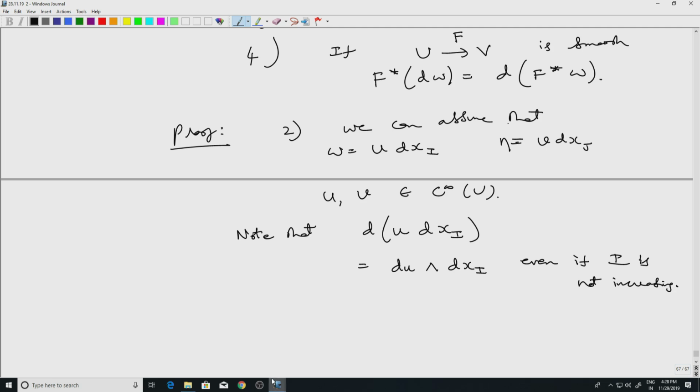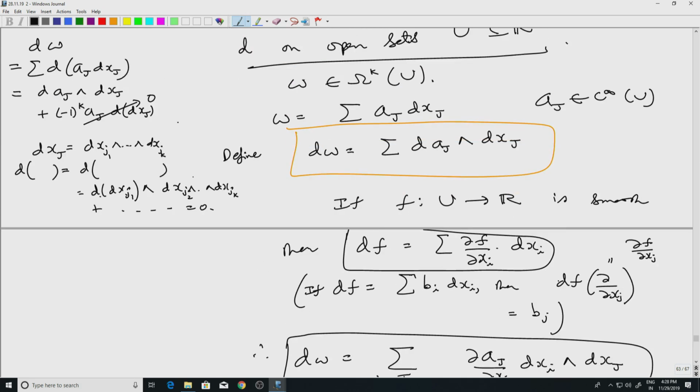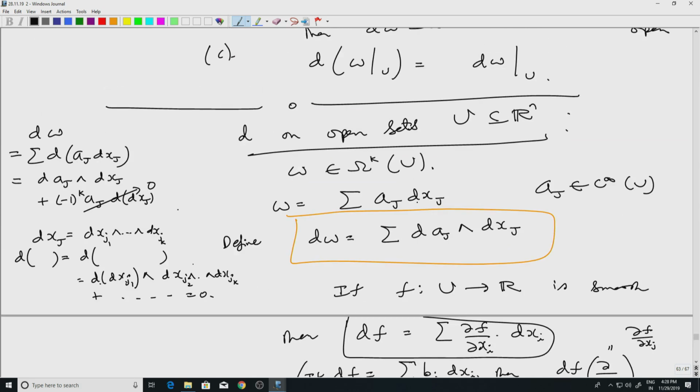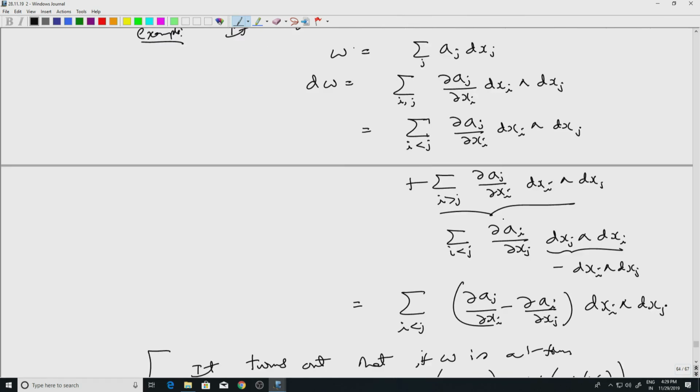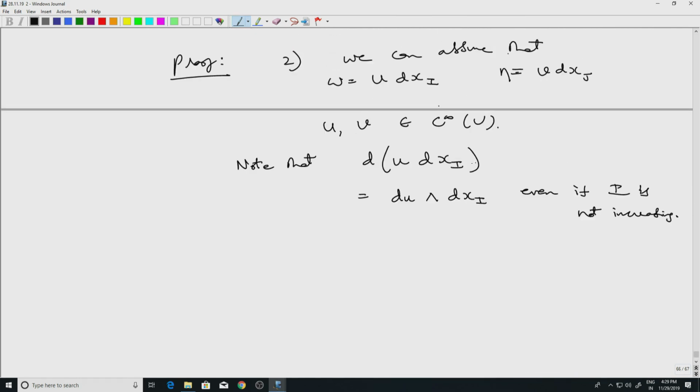The way we define d, everything here, the index J here was an increasing index. So when we have an increasing index, we had this formula. But here what we are claiming is that the same thing is true even if I don't have an increasing index, I still get this.